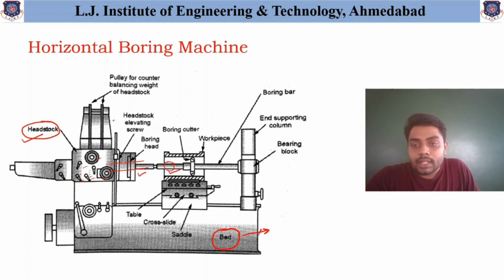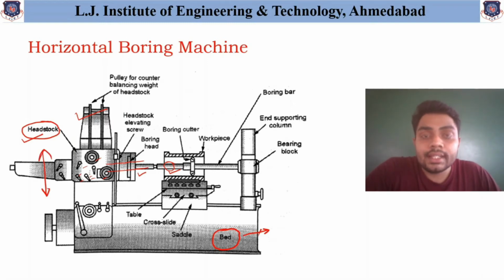Now the third part that you can see, that is the vertical column which supports the headstock. And this vertical column is provided for proper up and down movement of the headstock as per the requirement of the workpiece. Because there is a possibility that the workpiece size is comparatively larger, or comparatively smaller.